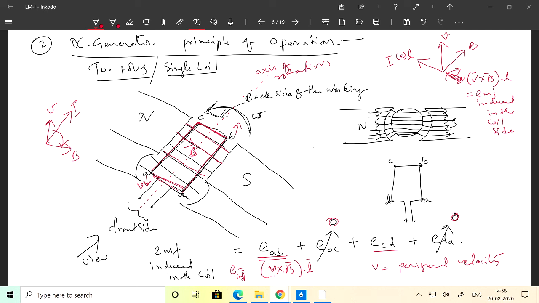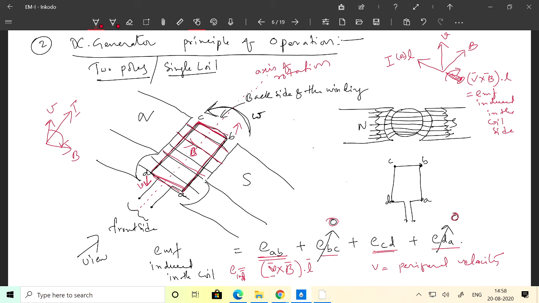So what I'm saying is the total EMF induced in the entire coil is the sum of the EMF induced in coil sides AB, BC, CD and DA.